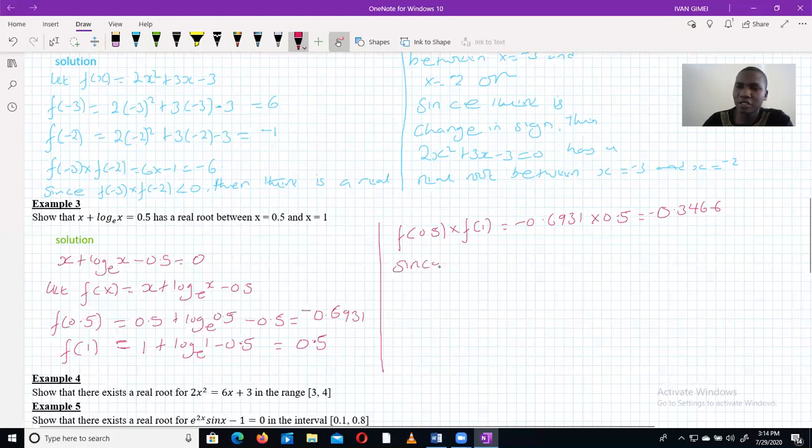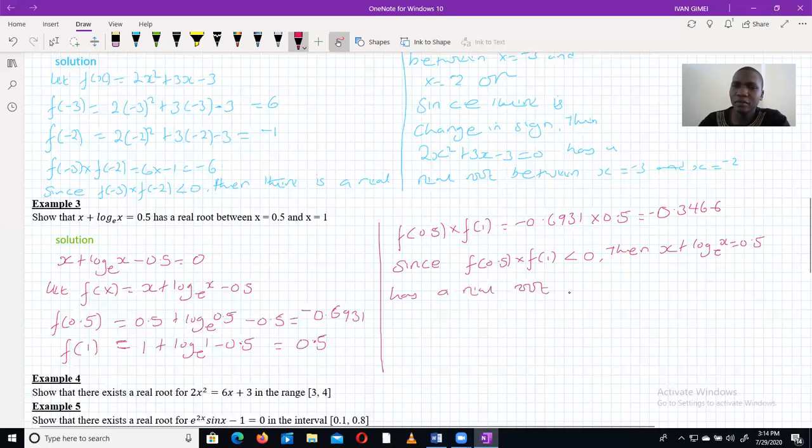So here we shall simply say, since f of 0.5 times f of 1 is less than 0, then x plus natural log of x equals 0.5 has a real root between x equals 0.5 and x equals 1.